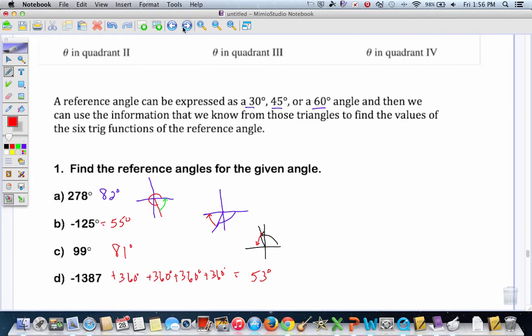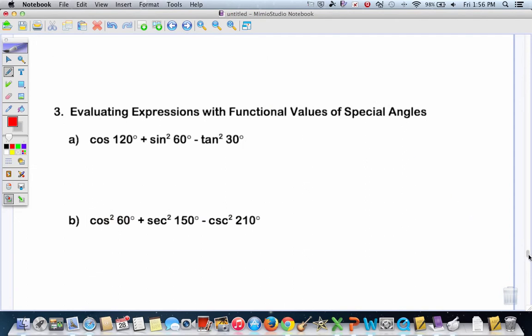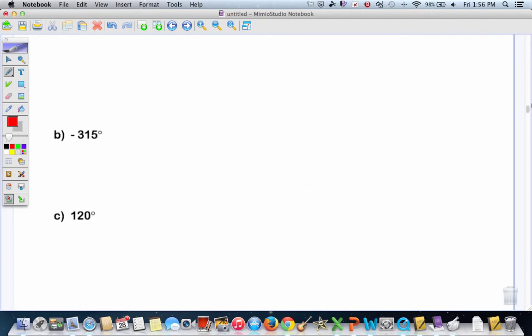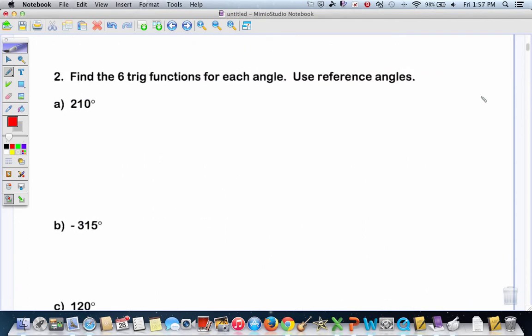So that's just some practice on getting used to reference angles. From here, we're going to use those reference angles to find some values of our trig functions. You can see letter A here is 210 degrees. So the first thing I'm going to do is try and sketch 210 degrees, which would be from here to here.